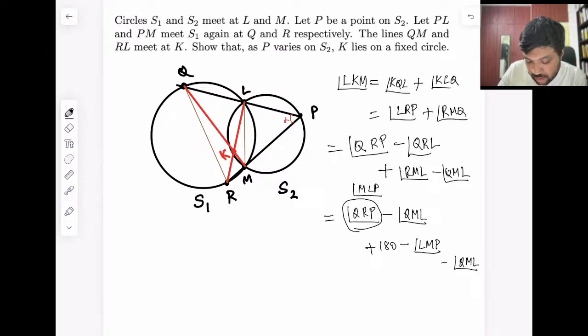QKR is... but the circle is sort of, what is it saying? The circle is sort of known because it's a circumcircle of KLM.